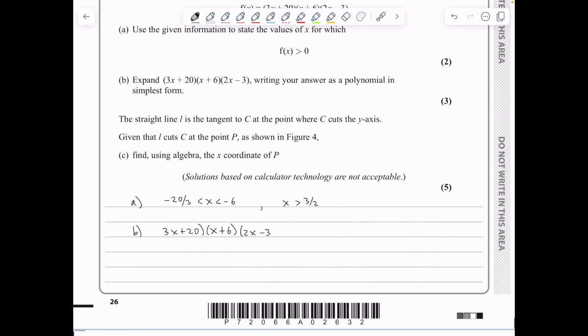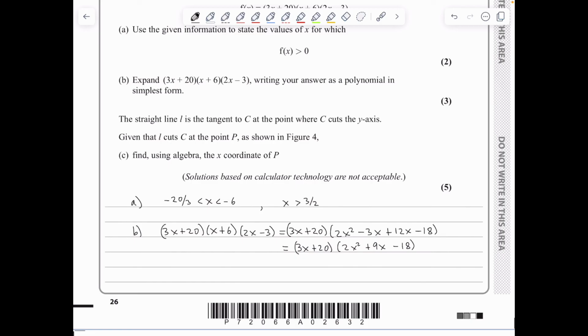In part B, we need to expand 3x plus 20, x plus 6, 2x minus 3 to give our answer as a polynomial in its simplest form. So I could leave the 3x plus 20, expand the last two brackets, and then do the full expansion. So x times 2x is 2x squared minus 3x plus 12x minus 18. I will collect the like terms in the second bracket, leading to 2x squared plus 9x minus 18.